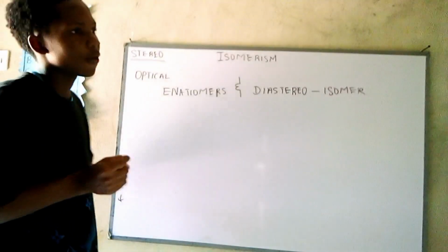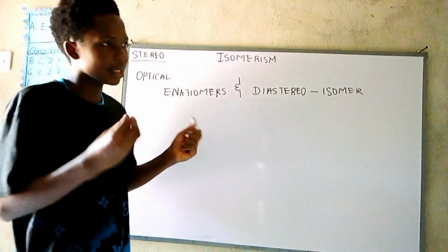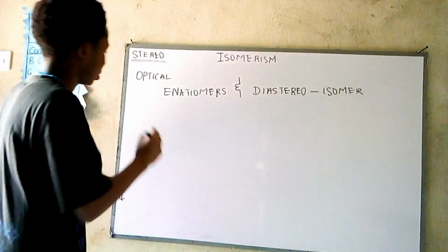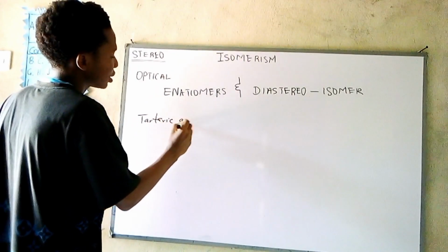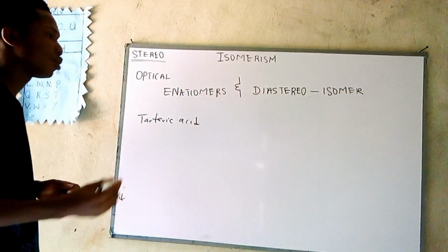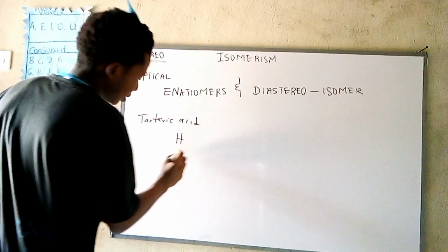Now, for us to be able to understand what a diastereoisomer is, let's take an example, which is tartaric acid. That's the example we're going to be using. So now let's draw tartaric acid. The structure of tartaric acid is this.